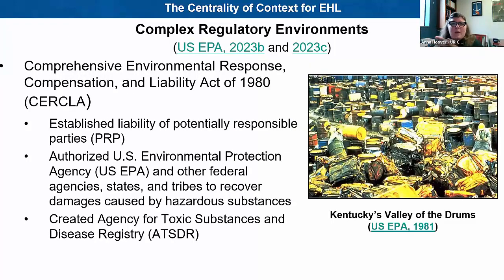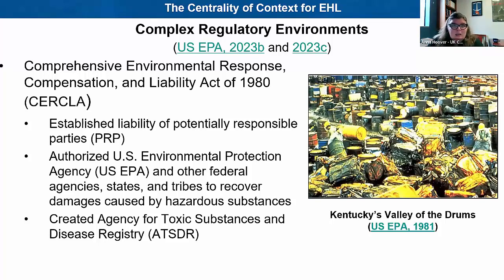So that Superfund map I just showed you is the result of a lot of really complicated legislation over decades. I just told you why every site is its own set of challenges. Now I'm going to tell you some of the challenges that every site faces. And complex regulatory environments is one of the biggest.